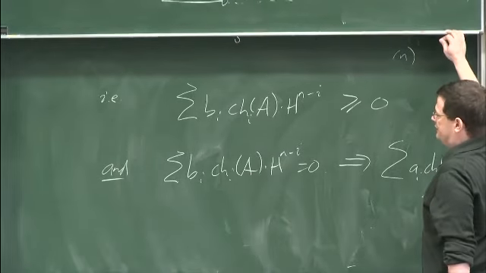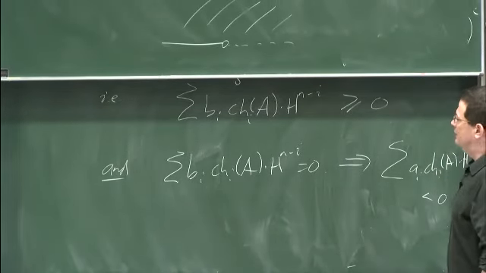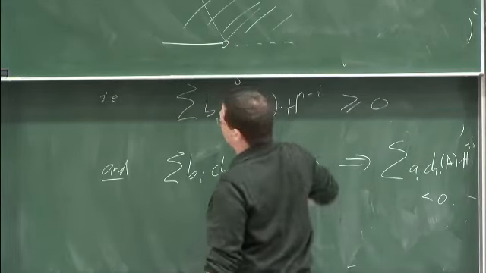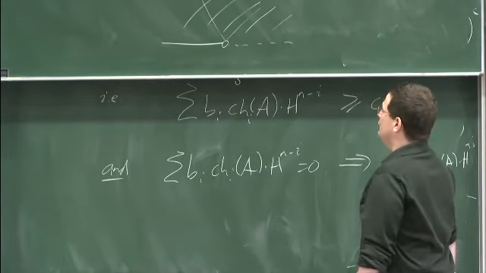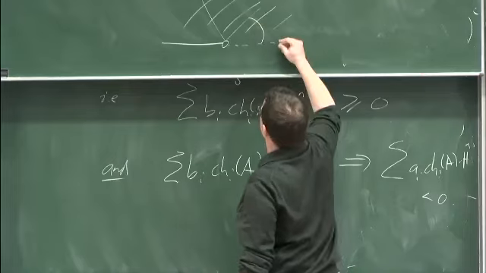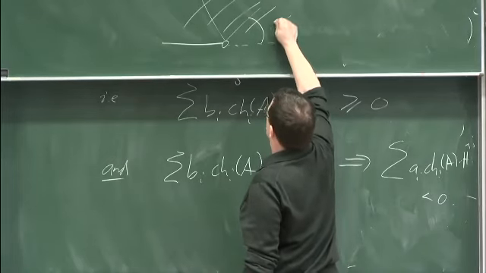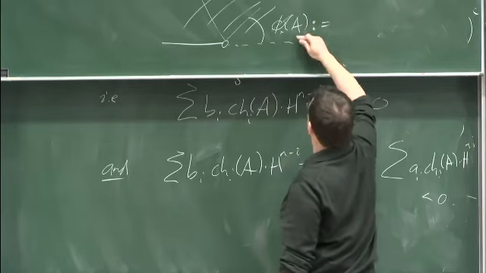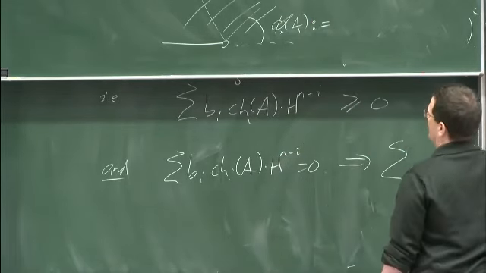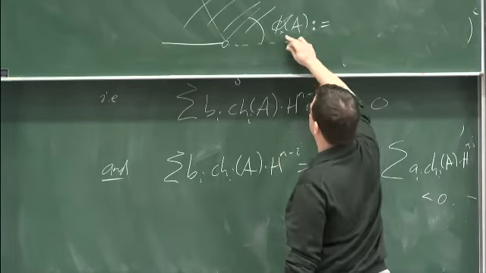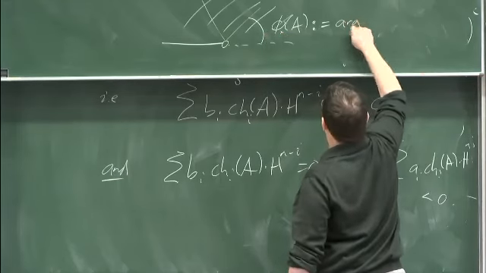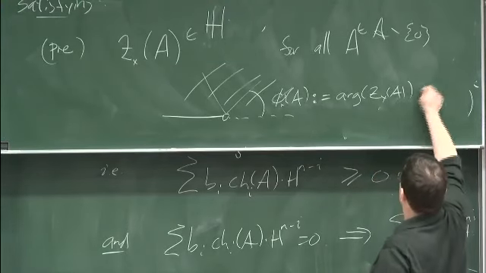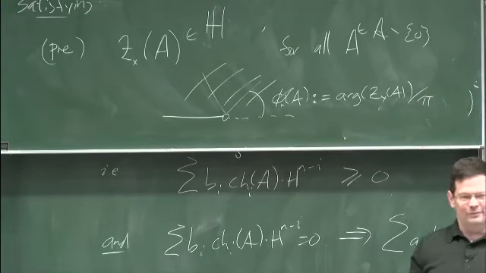Then the game is to convert the slope stability that we all know from moduli of vector bundles into this sort of fancy new terminology, which is that you define phi sub x of A for an object in this category to be this angle, arg Z_X of A, divided by pi.